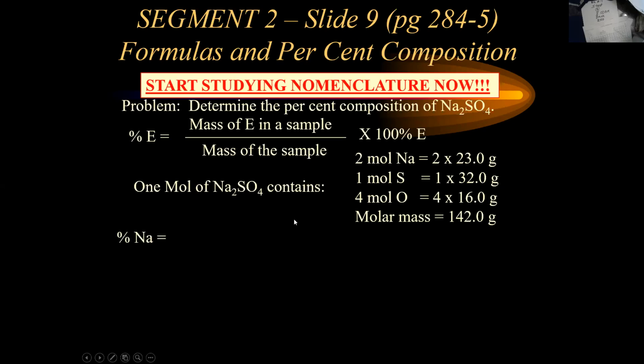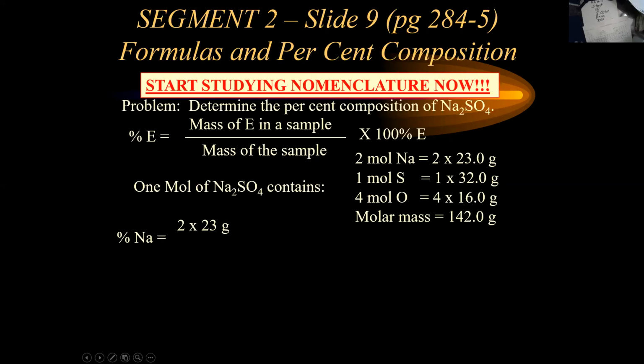grams. Now, the percent sodium is going to be the amount of sodium. And notice I wrote it like this. There's a reason to my madness. I write it like this, and I'm going to enter it into my calculator like this. So if I miss it, I can look at my calculator and say, did I remember to put that subscript 2 in that formula? That's a common mistake. So I can check for that.